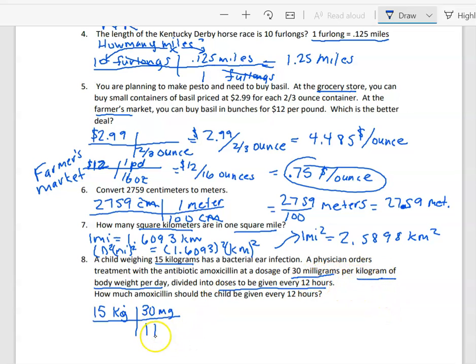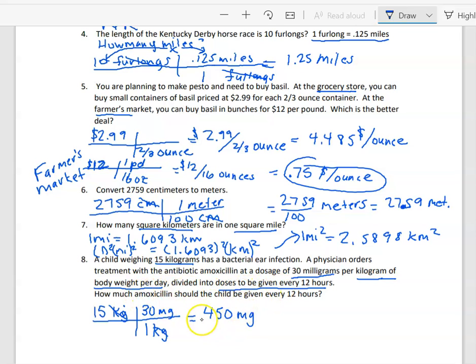And that's going to be how much we need to give them every single day, per day. So let's figure out that part first. 15 times 30 ends up being 450 milligrams.